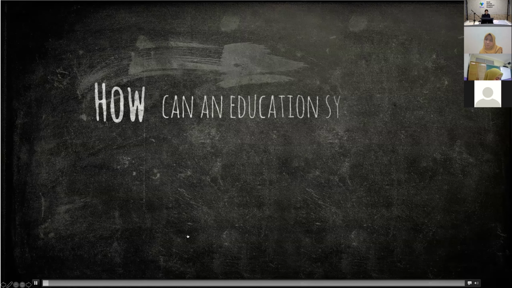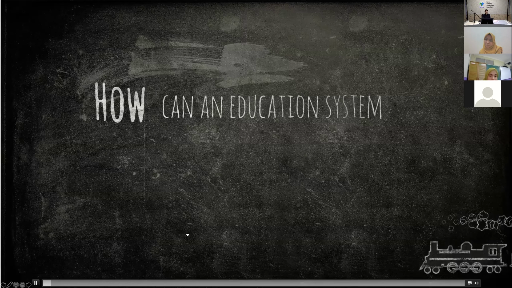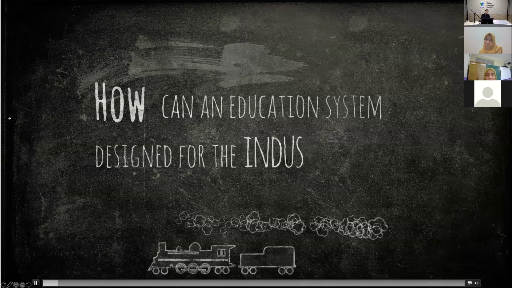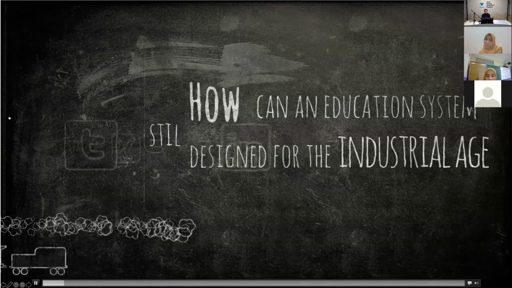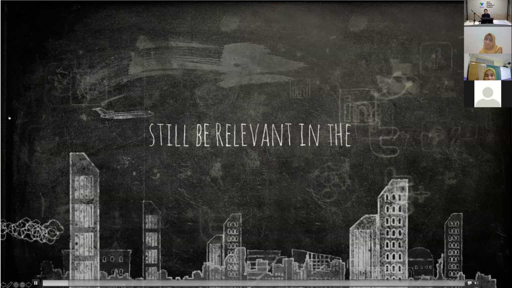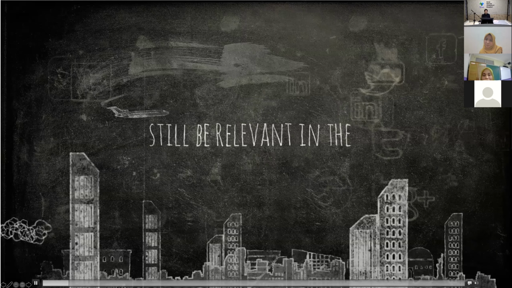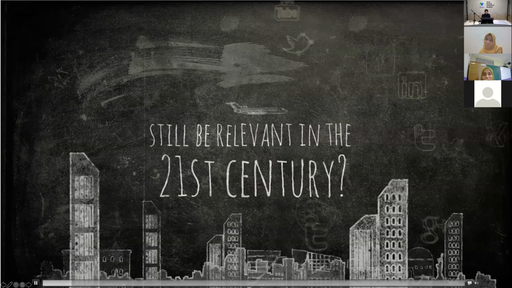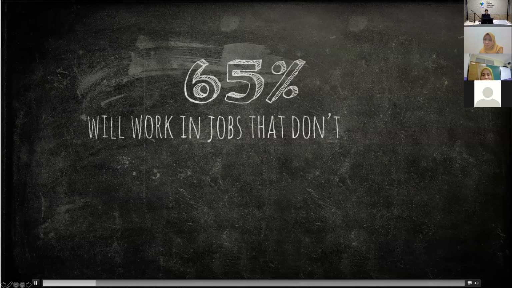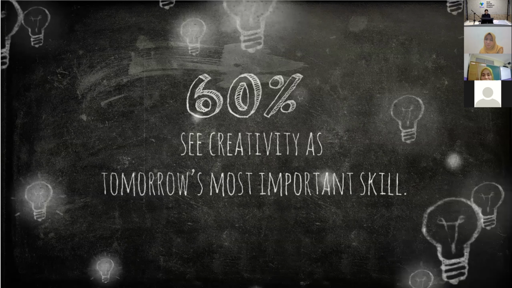How can an education system designed for the industrial age still be relevant in the 21st century? Let's take a look at some numbers. 65% of today's children will grow up to work in jobs that don't yet exist. 60% of managers see creativity as tomorrow's most important skill, but 85% believe that creativity is suppressed in schools.